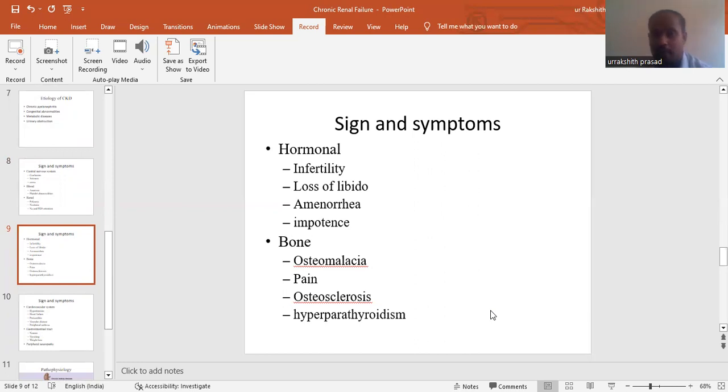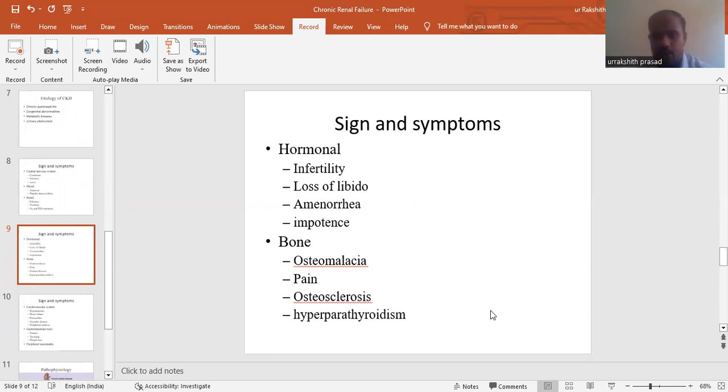Also some kind of bleeding, spotting, and the patient may have impotence. They may try to have sexual contact, but still they are not able to. So like this, hormonal changes are going to happen.